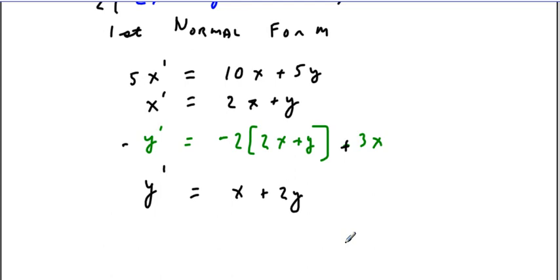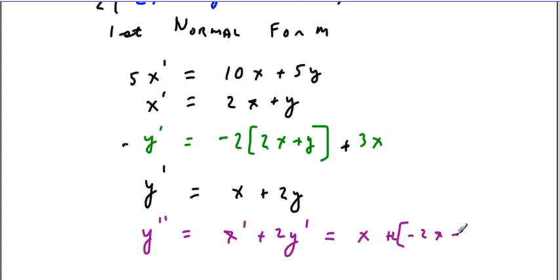And I'm going to say that y double prime is equal to x prime plus 2y prime, and that's going to equal x plus 2 times minus 2x plus x prime.